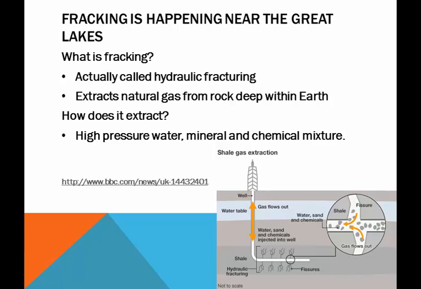Fracking is hydraulic fracturing of the rock deep within the earth as a way to extract natural gas, through a high pressured mixture of water, sand, and chemicals.